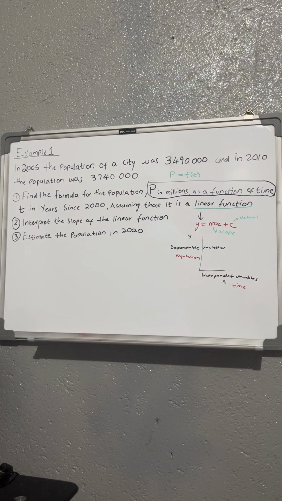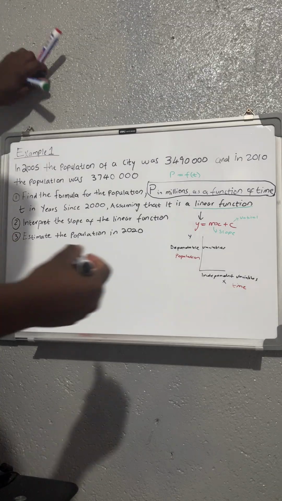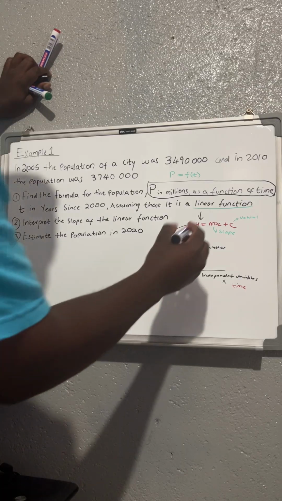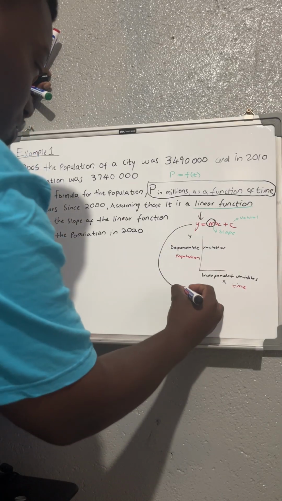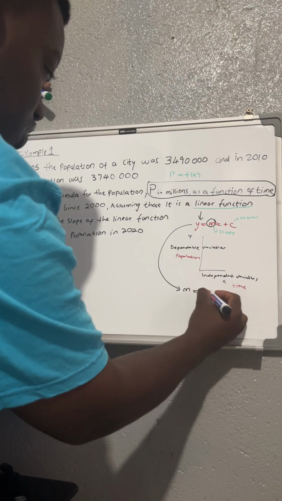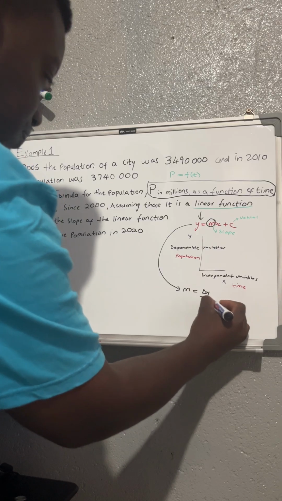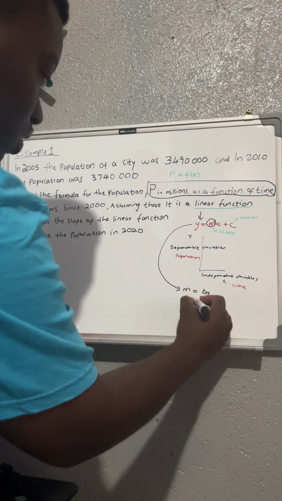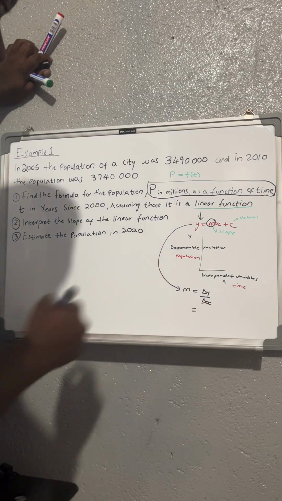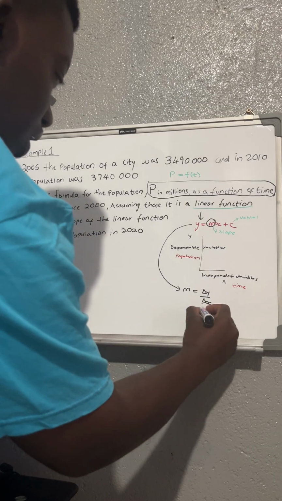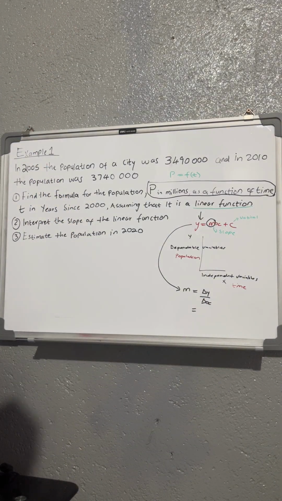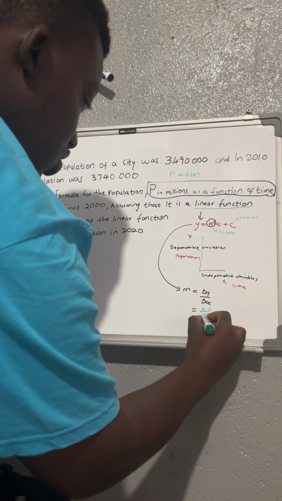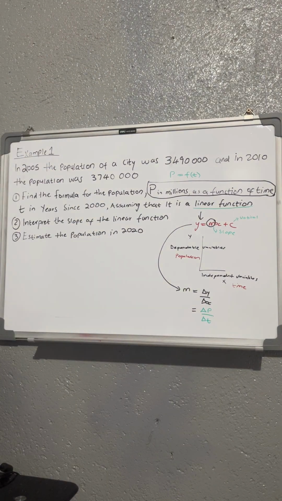You see? Then now coming back to this equation that you have, how do you find your m, which is your slope? We know our m is given as the change in y over the change in x. So now it means if we have to work out the slope for this one, we will have the change in population over the change in time.